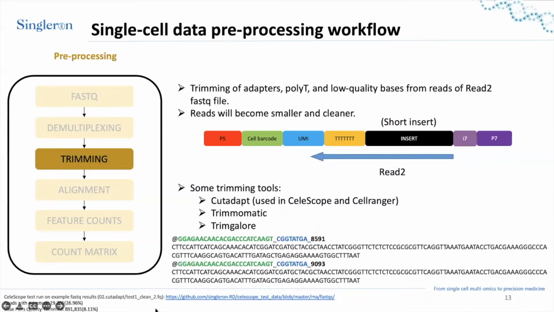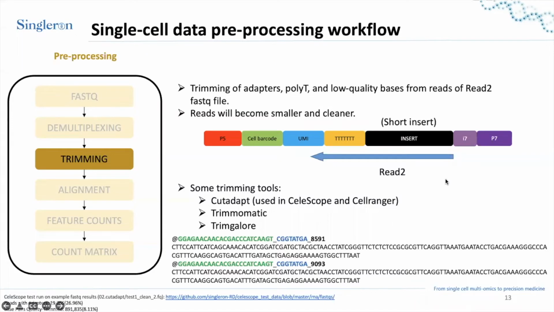And the bottom left also shows that in these trimming processes, we do sometimes observe sequences with adapter sequences. For example, for this particular test, 26.96% of the reads had adapters, and these adapter sequences were trimmed off.